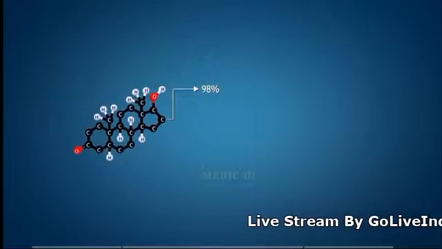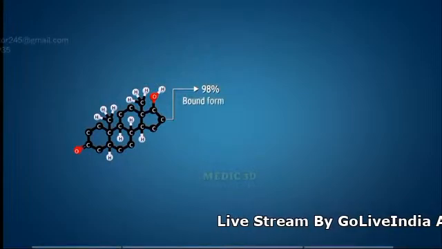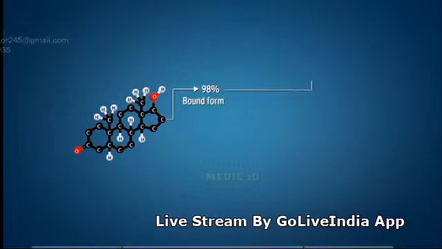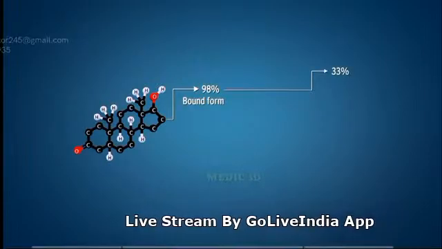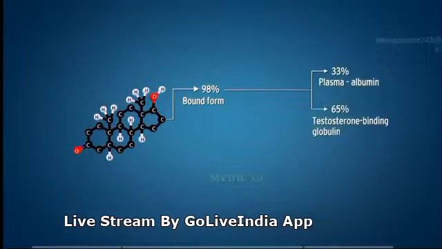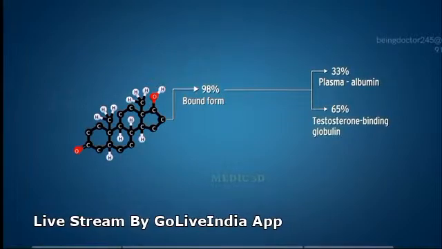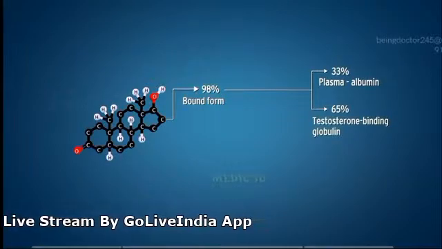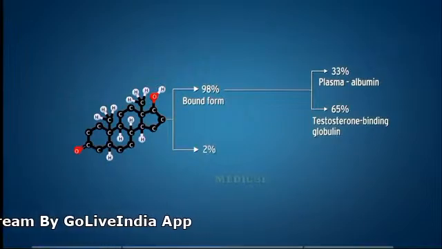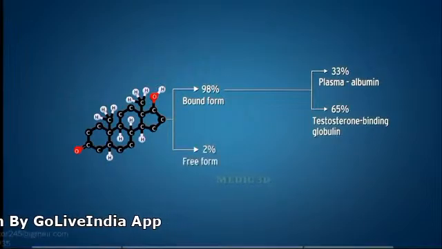98% of the testosterone is transported in bound form with the plasma protein, of which 33% is transported as plasma albumin and 65% is transported as testosterone-binding globulin. Only 2% of testosterone is transported as free form.